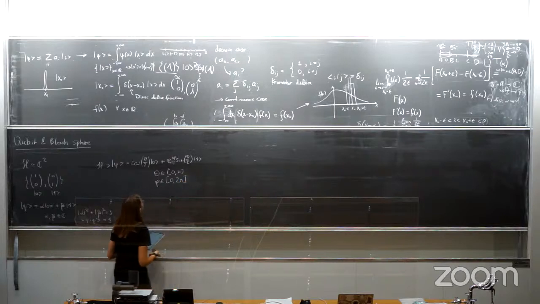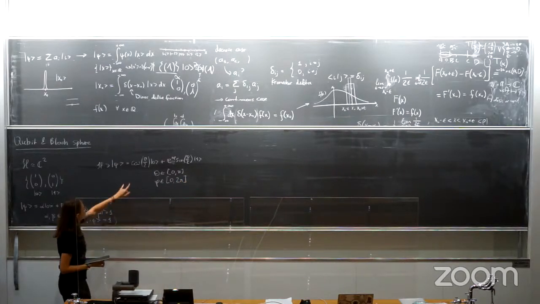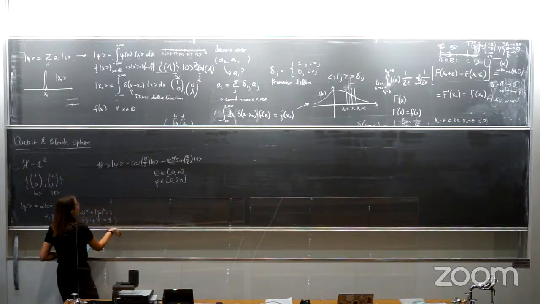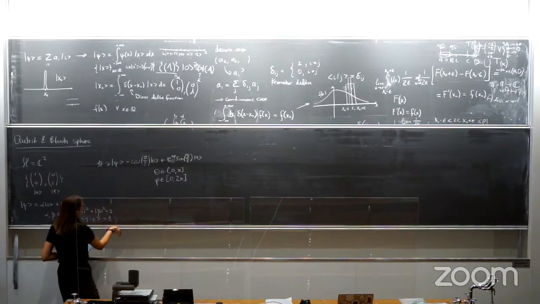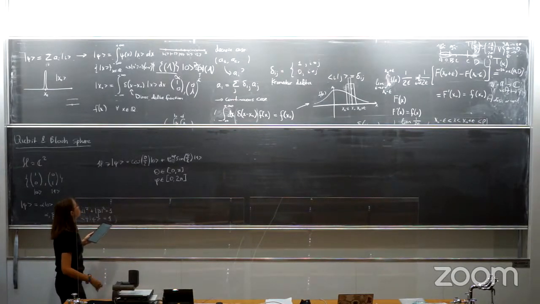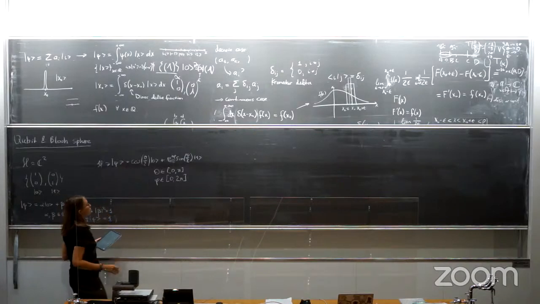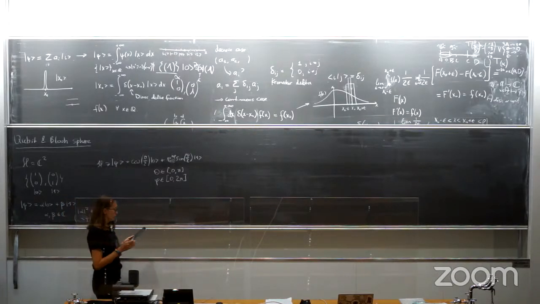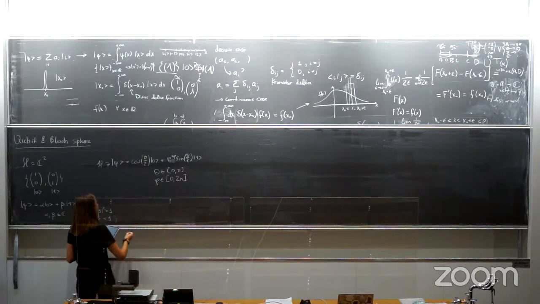And given that we have these two angles, theta and phi, this indicates that we can find a correspondence of the state to some point on a three-dimensional sphere. So these can just be seen as polar coordinates.